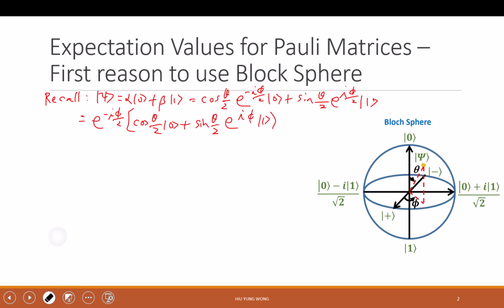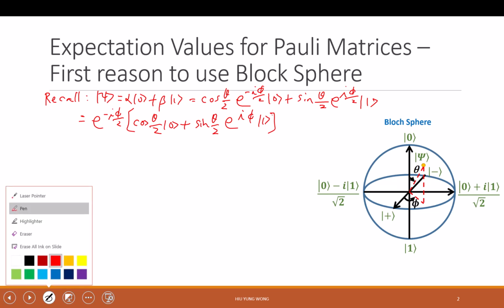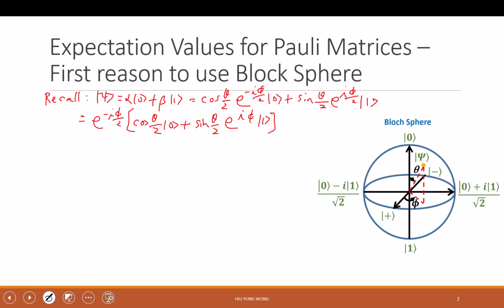Is this correct? Yeah, I just take out a global phase, right? And that's why it's also very common, maybe actually more common than what I'm using here.